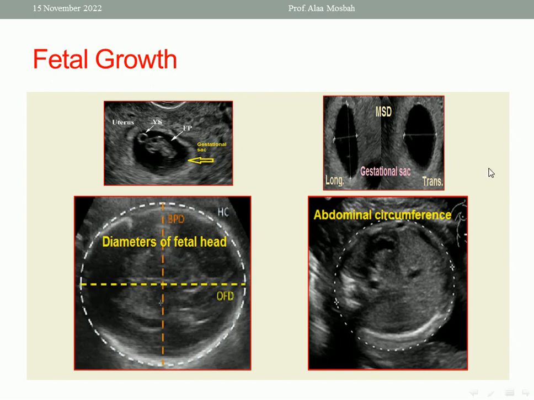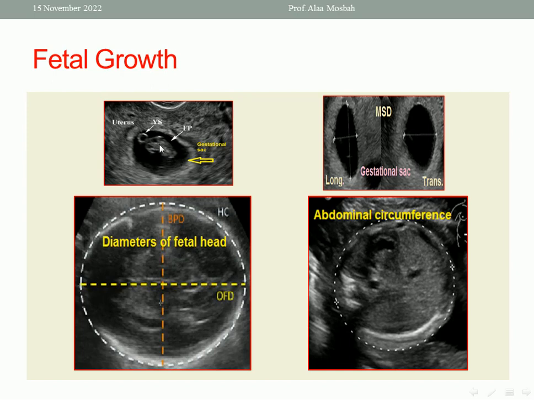First, you should know the gestational age, and the date should be accurate. How? By the last menstrual period calculation of the expected gestational age, and by ultrasound early in pregnancy to measure the gestational sac diameter, as in this picture, the mean sac diameter, and the crown rump length.